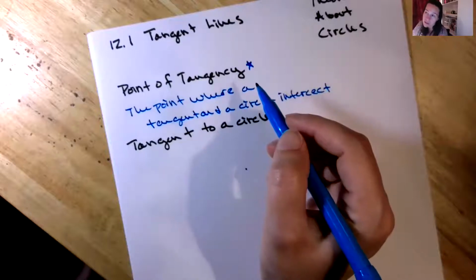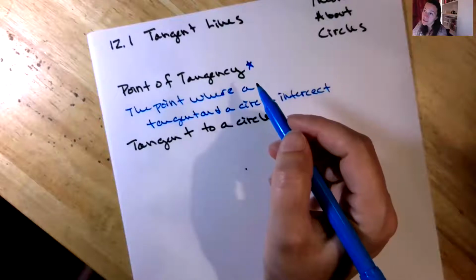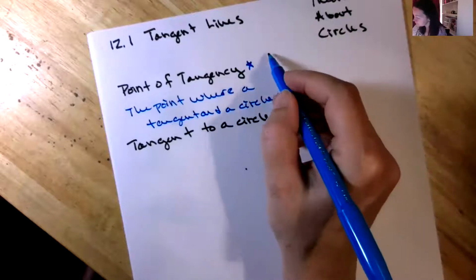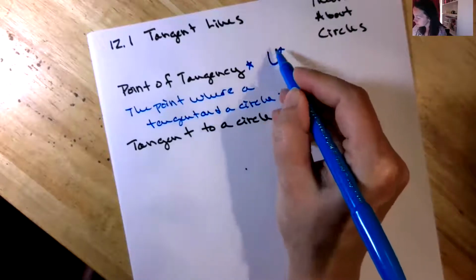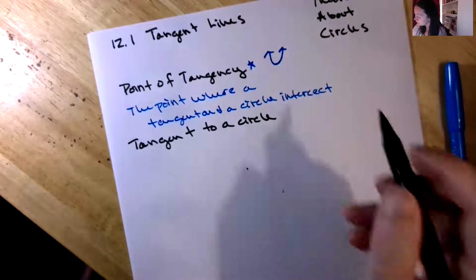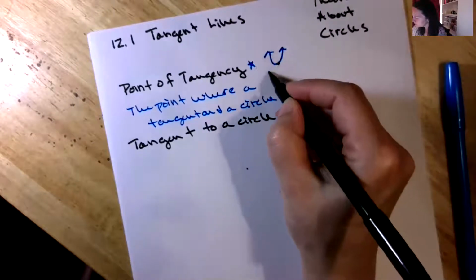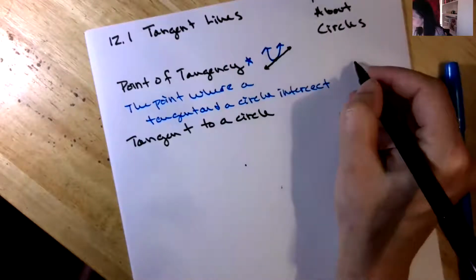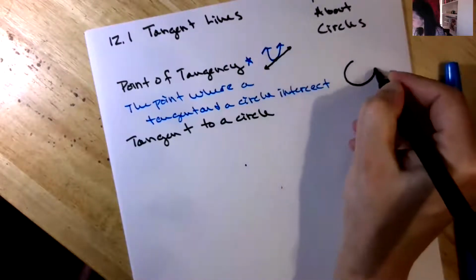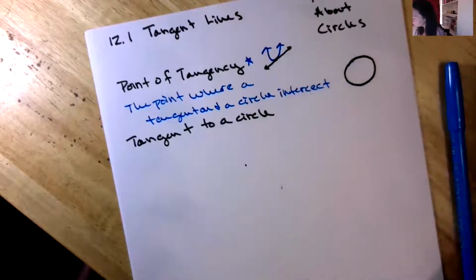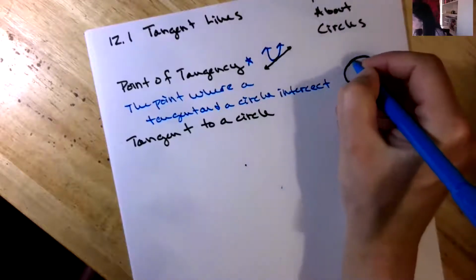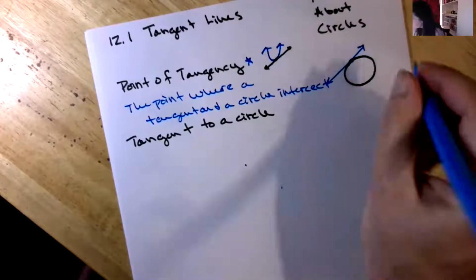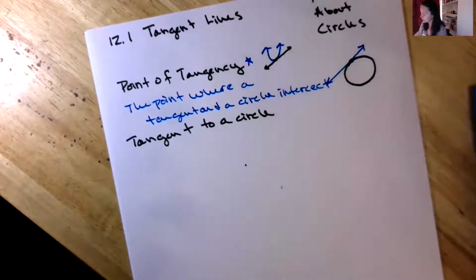Lines can be tangent to other things besides circles, such as a parabola, remember a parabola, U like this? I can also have a line that is tangent to that at one point. But in this case, what we're interested in are circles. And it is possible to have a line that intersects a circle at one point. And that would be the point of tangency.